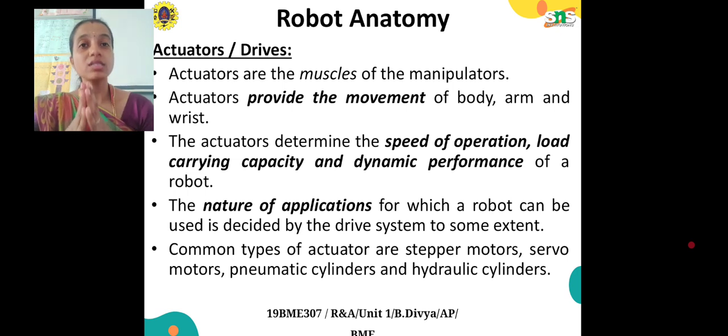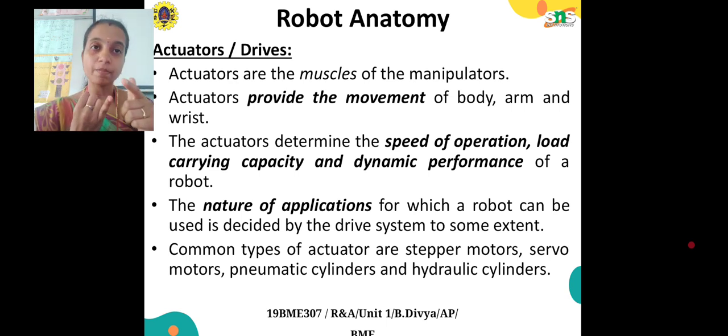Here the actuator specifically determines the speed of operation, how fast the robot works, the load carrying capacity, how much weight it carries, and the dynamic performance of the robot, how the robot performs.